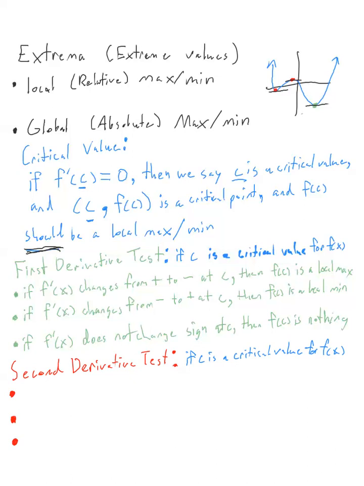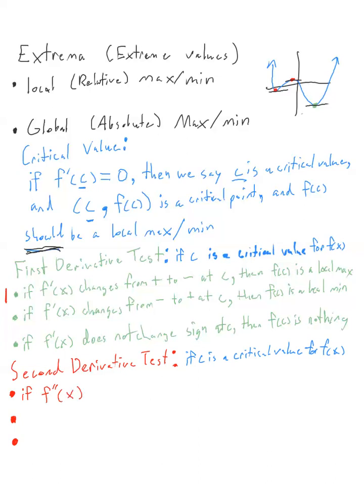our first derivative test. So first of all, if f prime changes from positive to negative, then we are going from a positive number to a negative, so we must be decreasing. Well, if a function is decreasing, then its derivative must be negative.